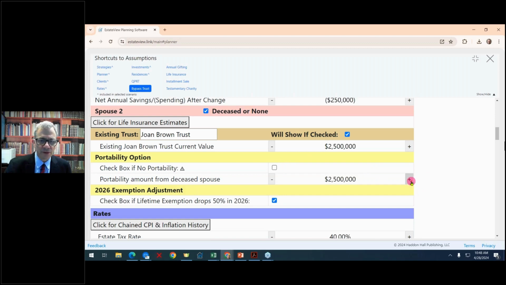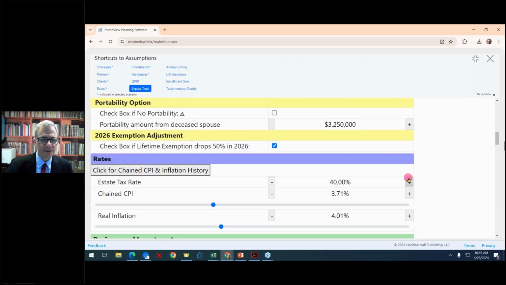She didn't use her entire estate tax exemption, and maybe she left him a $4,250,000 portability allowance. Now, if he remarries someone who dies before him and leaves him no allowance, then there'll be no portability allowance. It'll go back to zero. But for now, we'll just go ahead and show a $3,250,000 portability allowance.